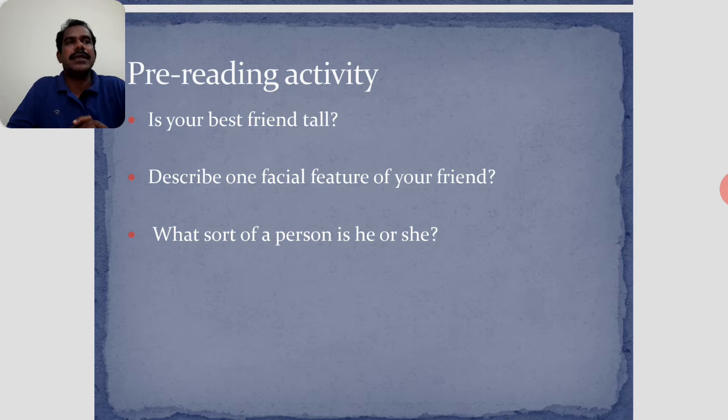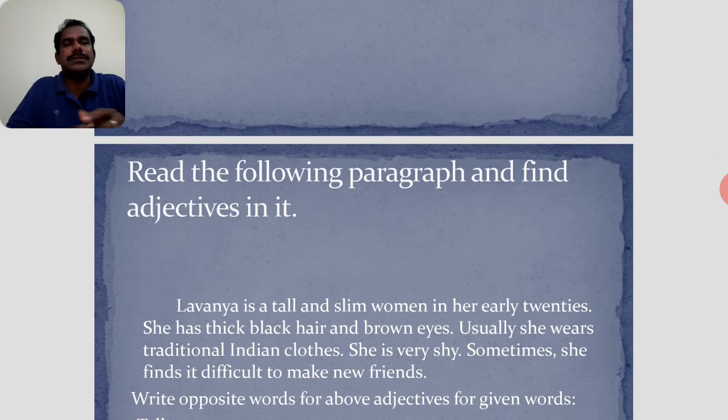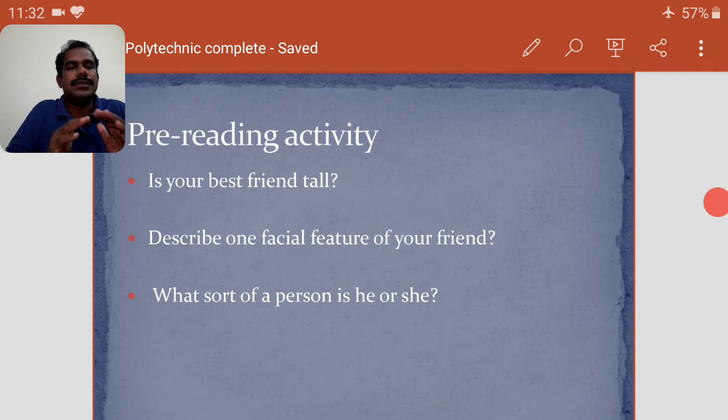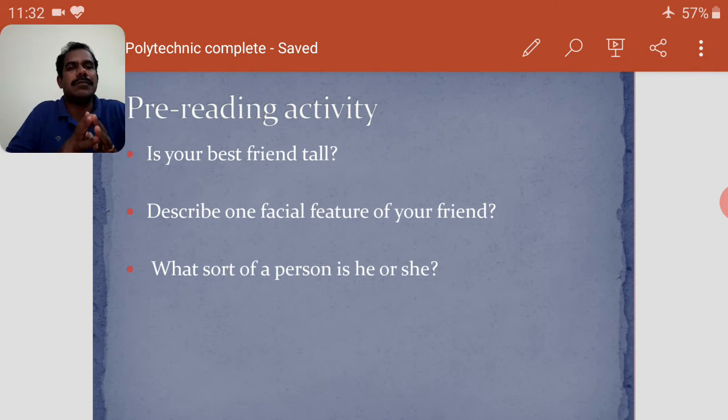We can say he is tall, strong, fat, black. Especially when describing a thief's features, if any theft has occurred, the police will ask, can you tell me the features of the person?